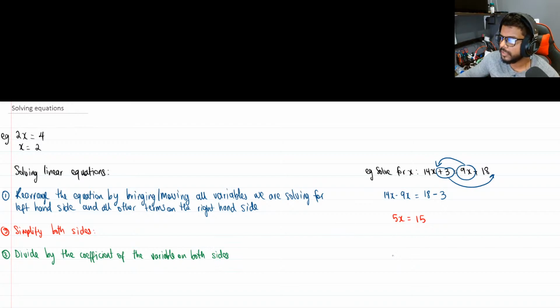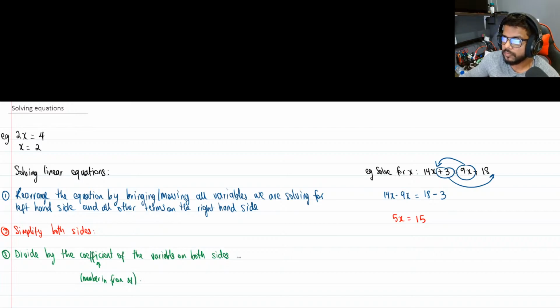Well, when I divide by the coefficient of the variable on both sides, first, what is a coefficient? Just think of coefficient being the number in front of. Alright? Coefficient is the number in front of.